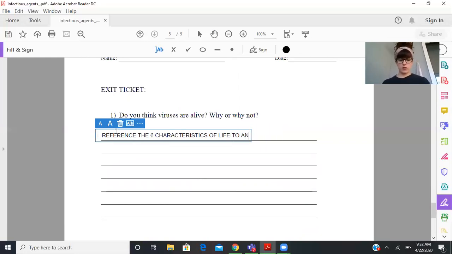Remember, those notes are already on, or you should have already completed them. So reference those 6 characteristics of life. How is it organized? How does it obtain food and use energy? How does it maintain homeostasis? How does it reproduce? How do all those 6 characteristics apply? We're specifically talking about viruses.